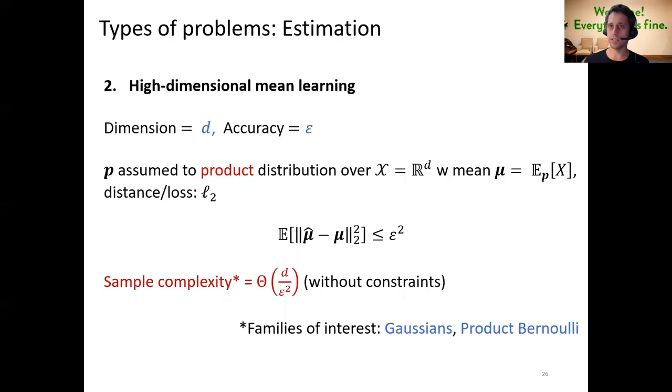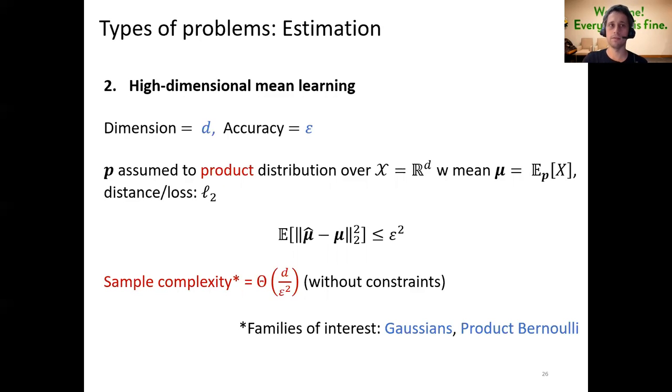We're going to look at the L2 distance between means, and our goal is to output some estimate of the mean, mu hat, which will be on expectation close to mu in L2 distance. So again, in the centralized setting, the sample complexity, at least for the two standard families, Gaussians and product Bernoulli, is d over epsilon square. So again, linear in the dimension.